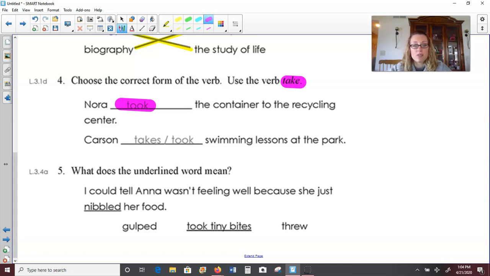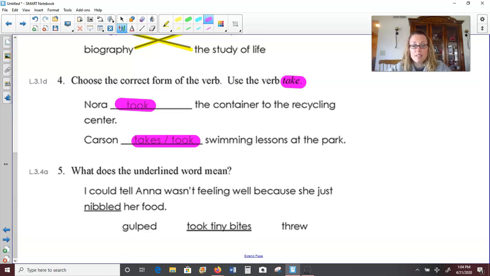Carson takes swimming lessons at the park. Or you could even say past tense, Carson took swimming lessons at the park if he already did it. You could even say Carson will take swimming lessons at the park, and that would make it future tense. Or even for the first sentence, Nora will take the container to the recycling center.